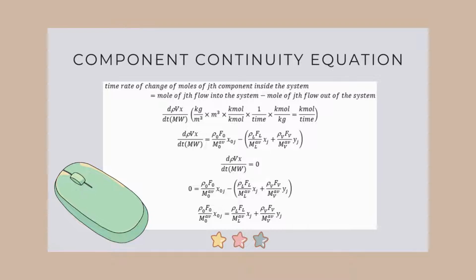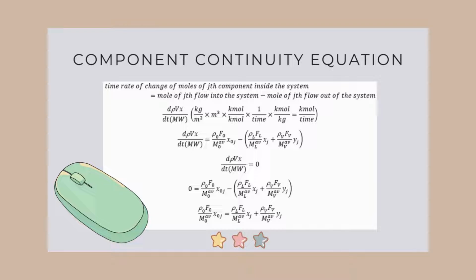In this case, d(rho V x)/dt over molecular weight is zero due to the steady-state condition. Make sure the equation is all divided by the average molecular weight of every component coming in and out of the system. Let's say we have components Xa, Xb and Xc, so we have to find the average molecular weight for all the components.